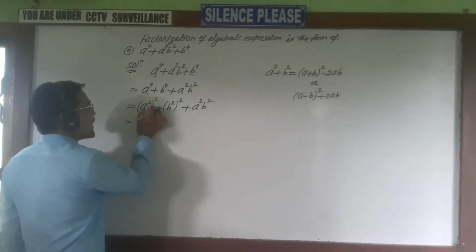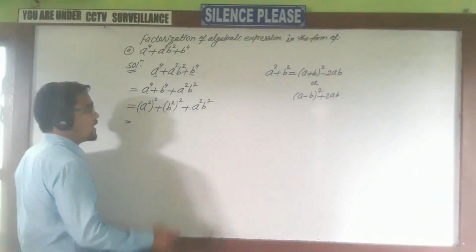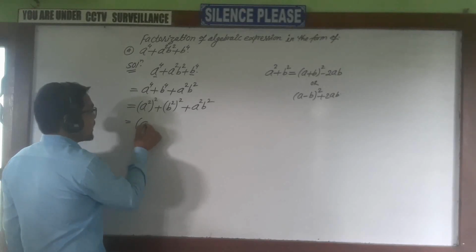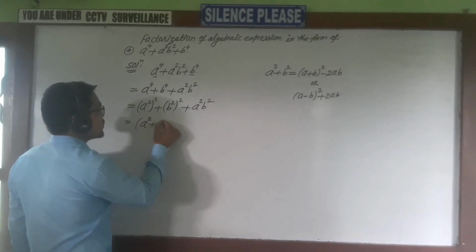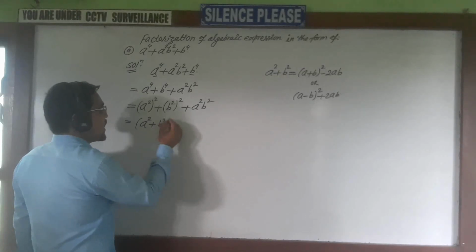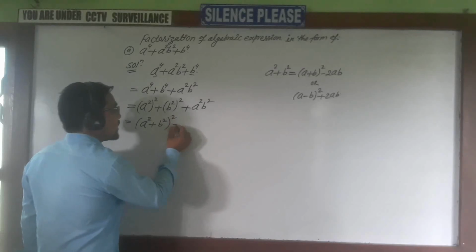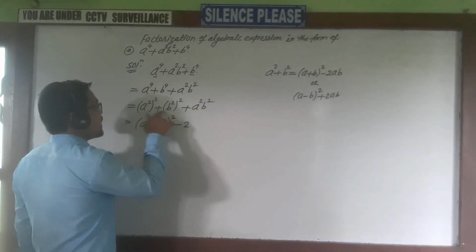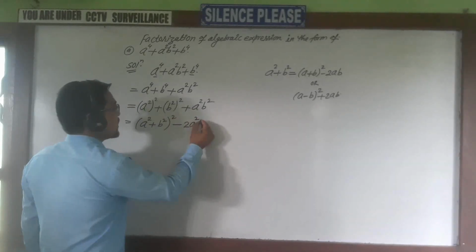Then a square plus b square can be written as a plus b whole square minus 2ab. Here a is a square and b is b square, that is, a square plus b square whole square minus 2 into a square into b square.